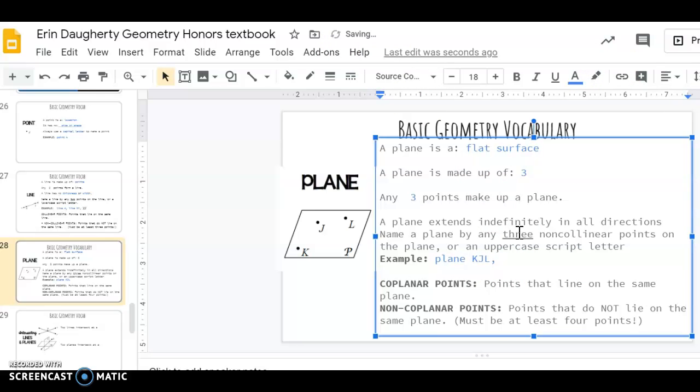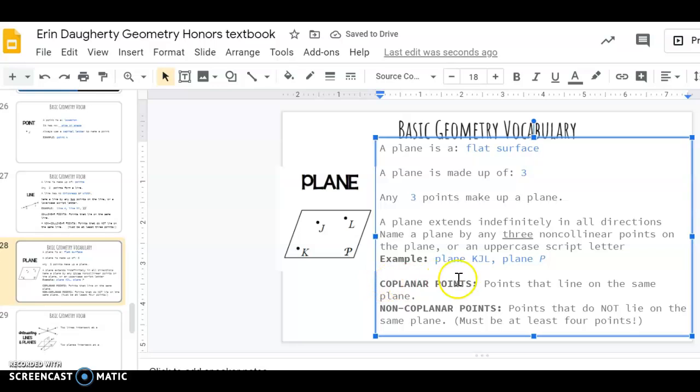All right. Okay, and then another way that we can name a plane is not only those 3 points, but there's that script letter here, so we can name it plane capital P, and I want to italicize that, so I'm going to go ahead and highlight it, press Control I, and it's italicized.